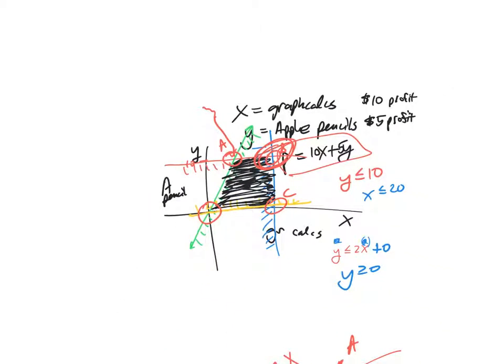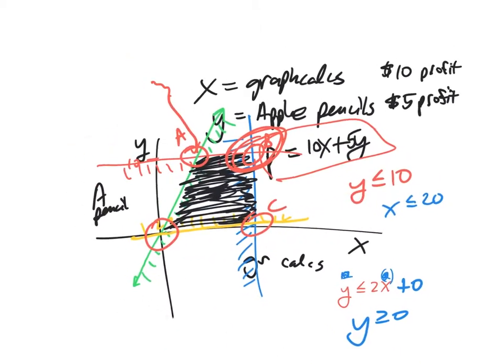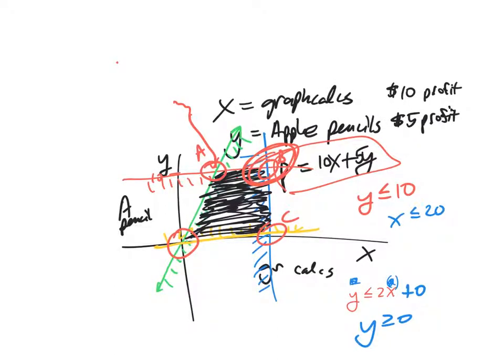We have to take the green equation, which was y is less than or equal to 2x, and put that with the other equation, which was y was less than or equal to 10. Next thing is, you don't worry about the less thans, you just worry about the equals. Because where two lines cross, that's where they're equal. Okay? So then this is y equals that and y equals that, and then I do substitution, it's called.